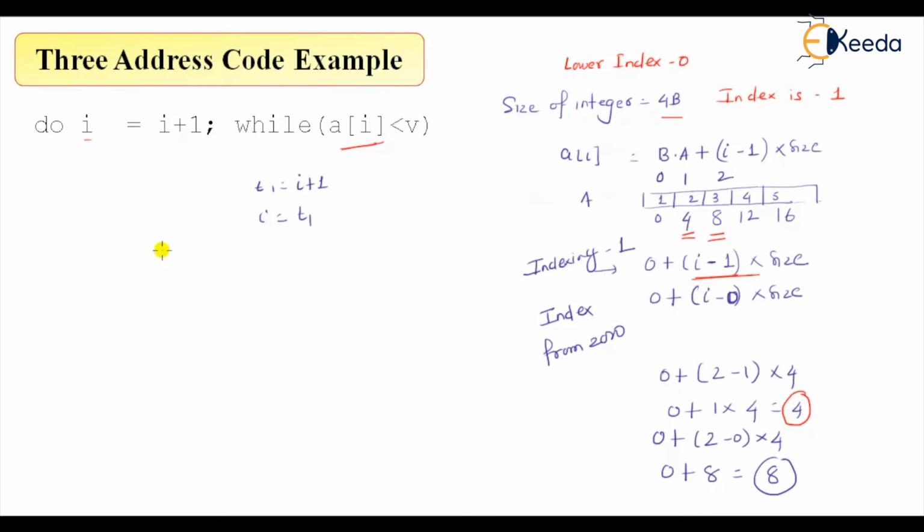So what I have to write here is t2 is equal to I minus 1.